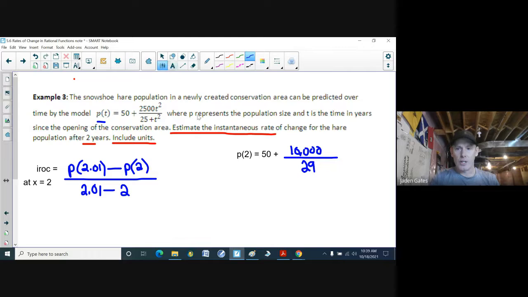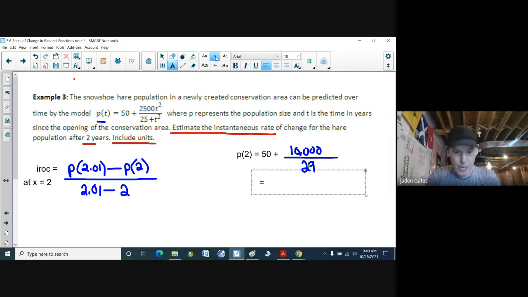All right, so I take 10,000 divided by 29, and then plus 50. I'm getting, to 2 decimal places, 394.83. That's P of 2.